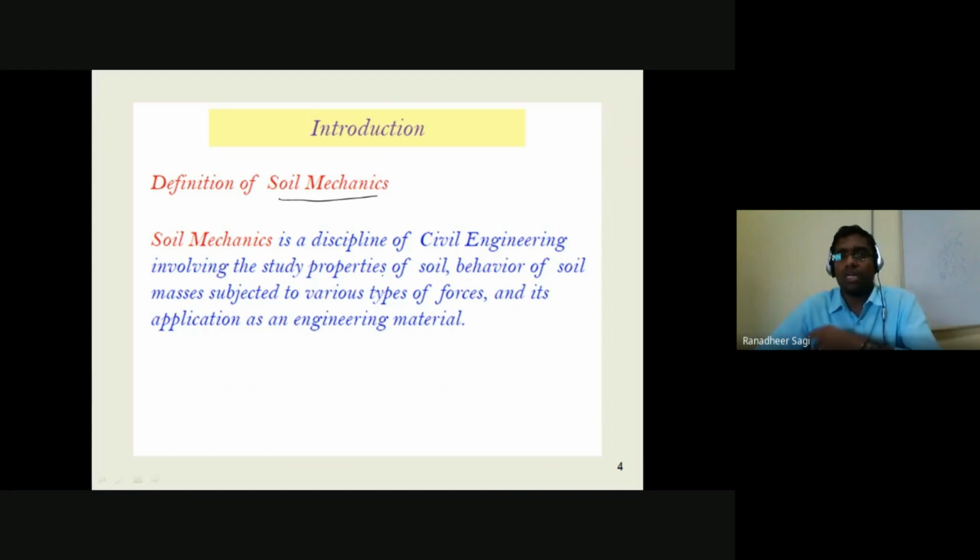It could be a static load, a dynamic load, or a cyclic loading. So when it is subjected to various types of loads, how the response of that soil is going to be, how that soil material is going to behave, is all what we are going to learn from this course called soil mechanics.